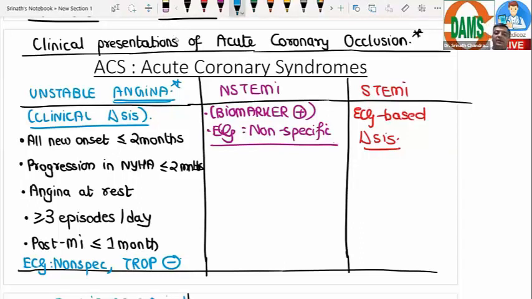And if the patient has any one of the following, all new onset angina, progression of NYHA class, angina at rest, more than 3 per day, or post MI within 1 month, but troponin has to be negative to be classified as angina.